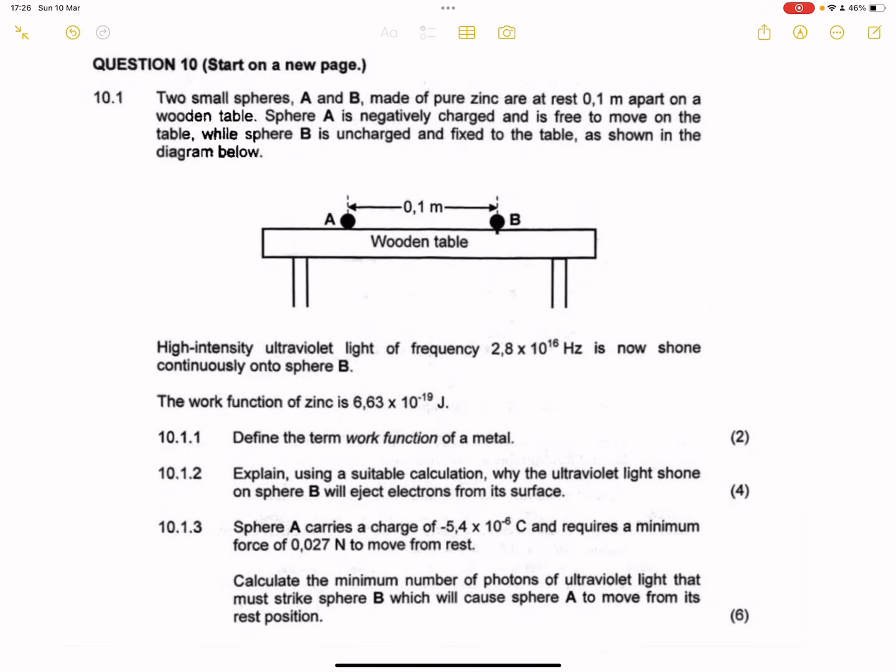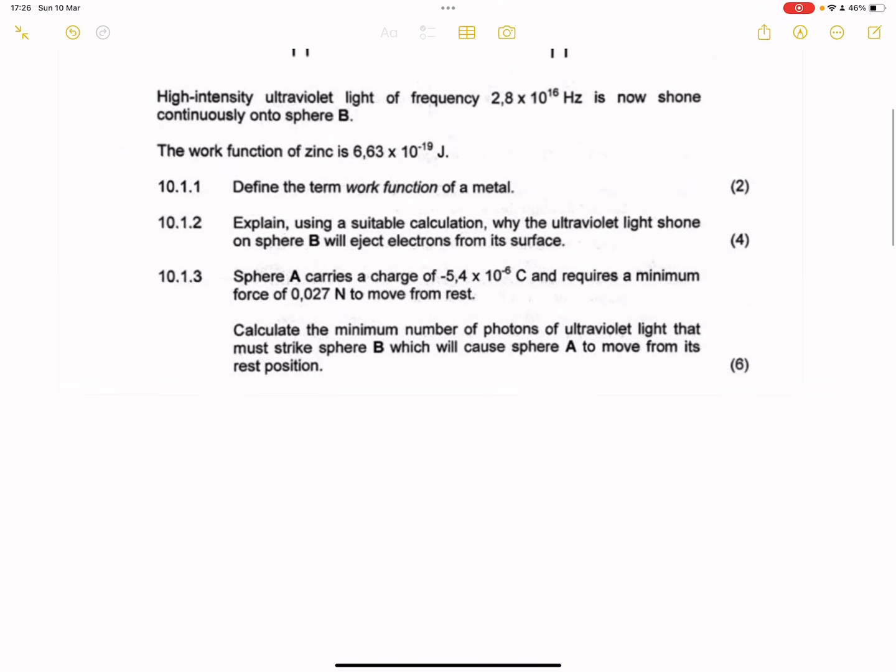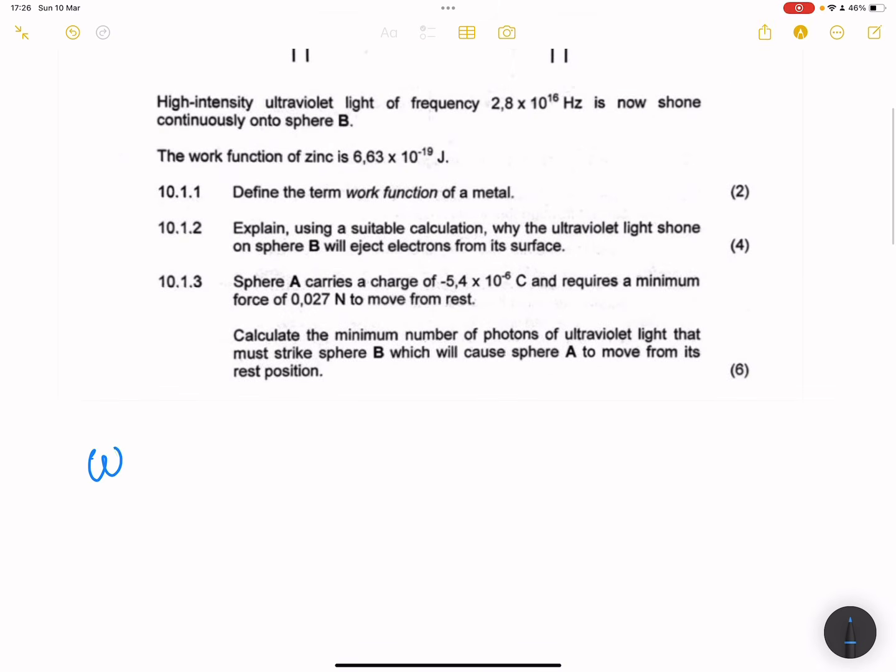They say explain using a suitable calculation why ultraviolet light shone onto sphere B will eject electrons from its surface, right? So first of all, we were given the work function, and they said to us the work function is 6.63 times 10 to the minus 19 joules, right? And so all we need to do is to calculate the energy of the photon, right?